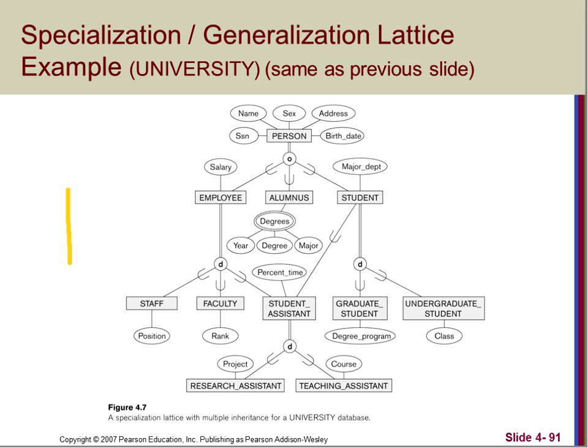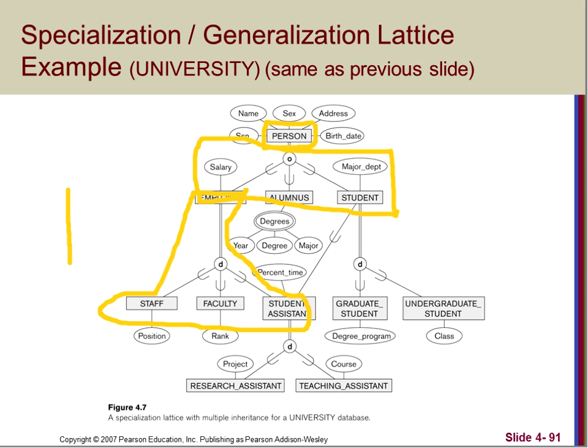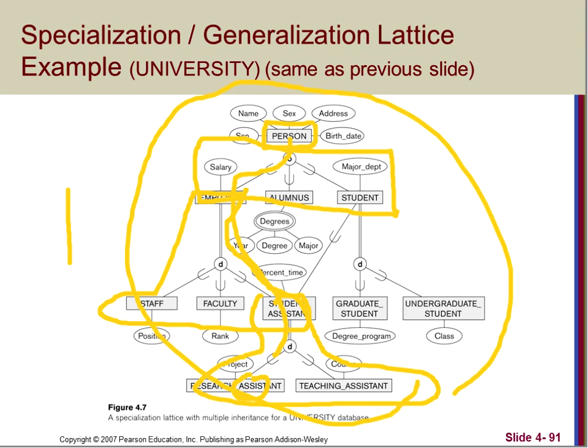You can see there is a person entity, which is a superclass, and these are the superclass and subclasses. Also, a subclass may have a subclass, and this subclass also has a subclass. So the research assistant is a subclass of the person, employee, student assistant, then this one. And similarly, the others are actually all the person entity.